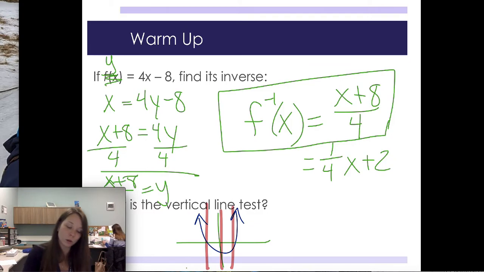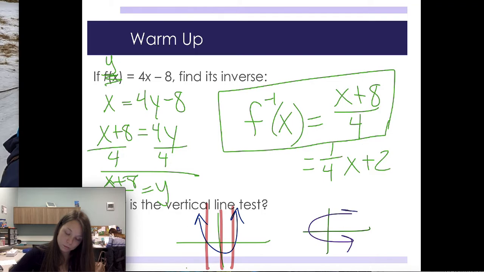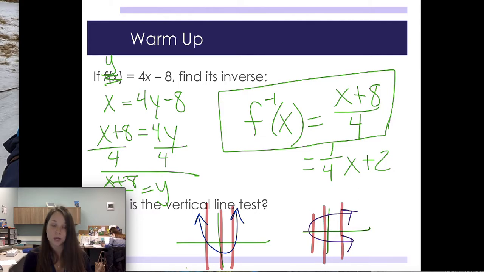If it crosses more than one point, like in this picture I'm going to draw, like here, it's crossing more than one point, so my second image would not represent a function, but the first one does, because the first one only crosses one point on the picture of the graph.